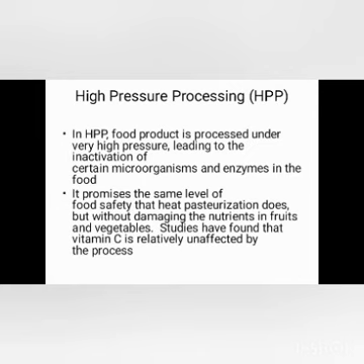It inactivates harmful pathogens and vegetative spoilage microorganisms by using pressure rather than heat to effect pasteurization. It promises the same level of food safety as heat pasteurization, but without damaging nutrients in the fruits and the vegetables. Usually heat damages, but in this case, it uses pressure rather than heat.